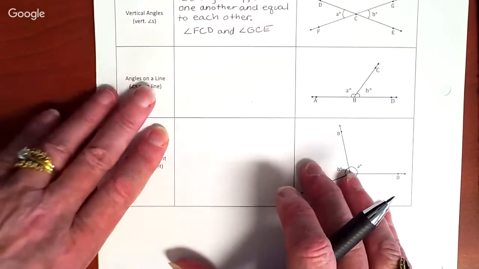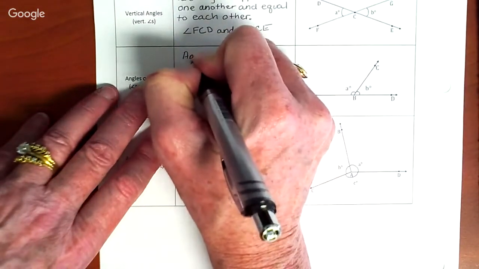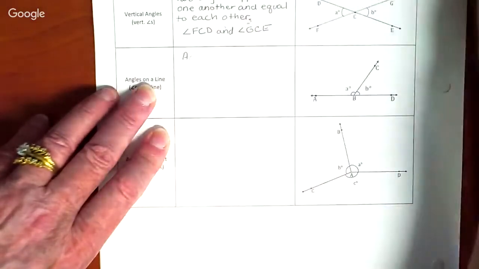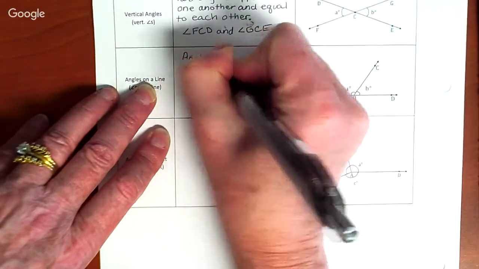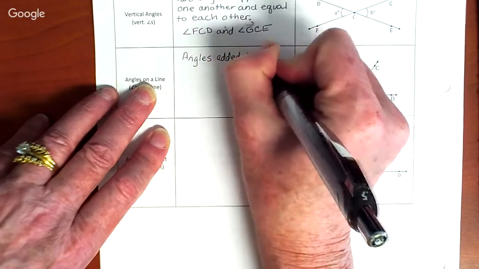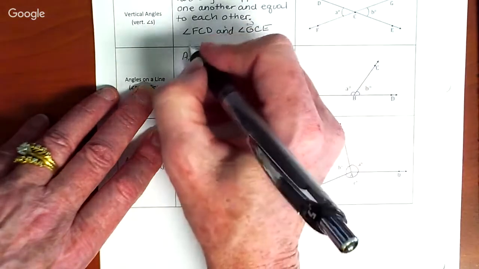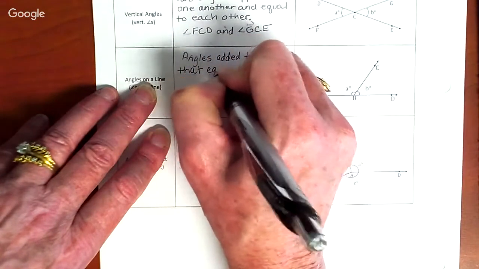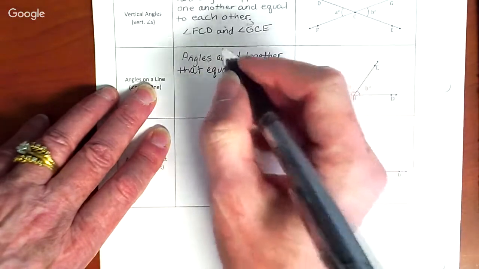Angles on a line are angles added together that equal 180 degrees.